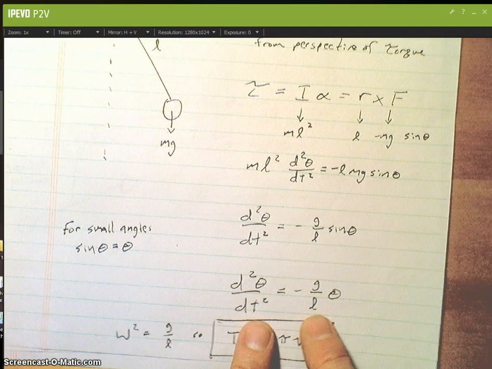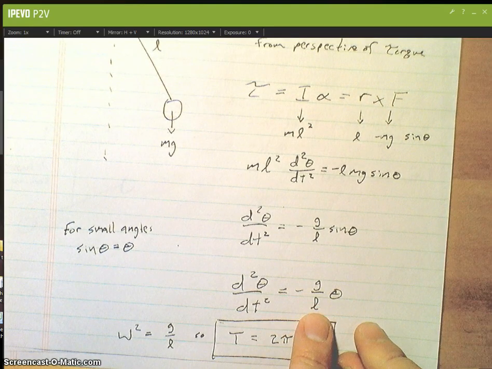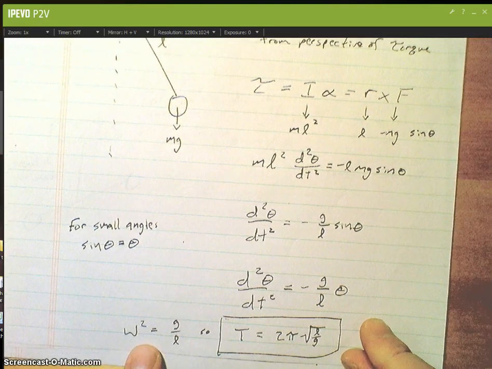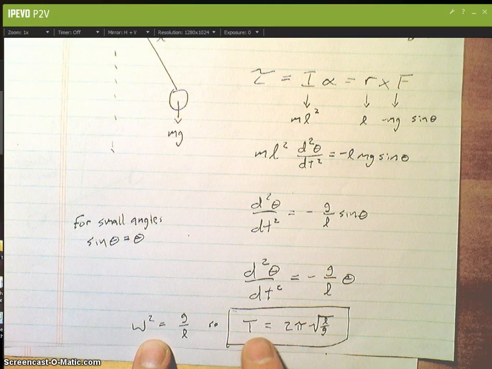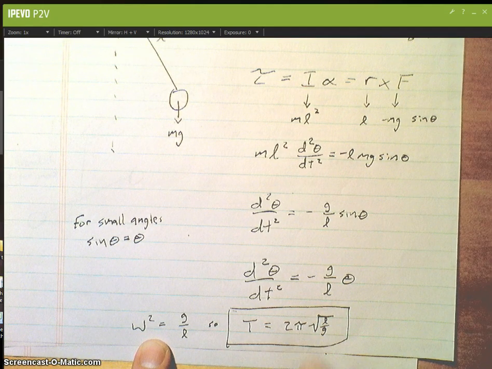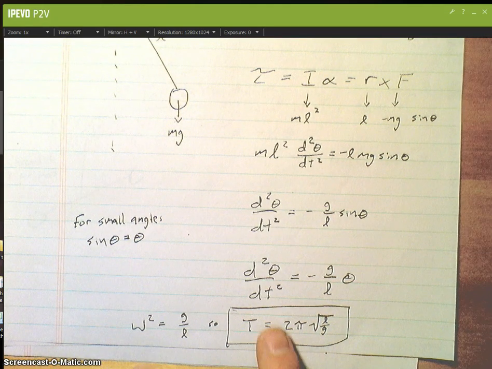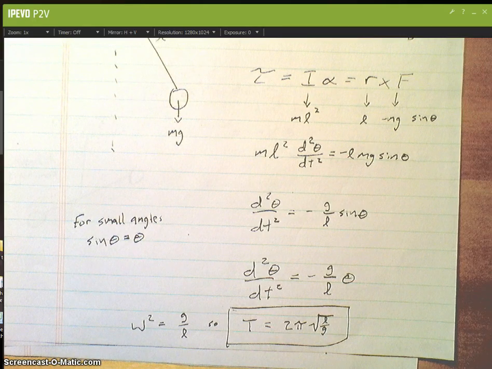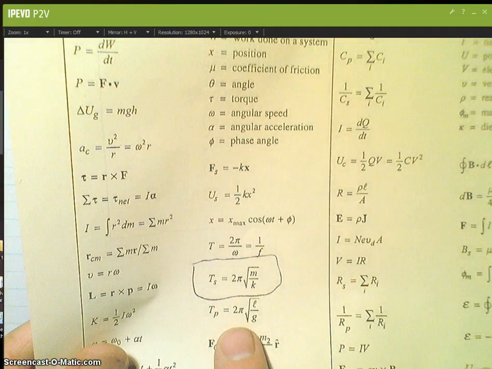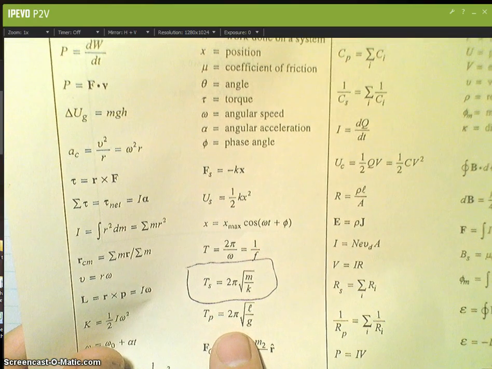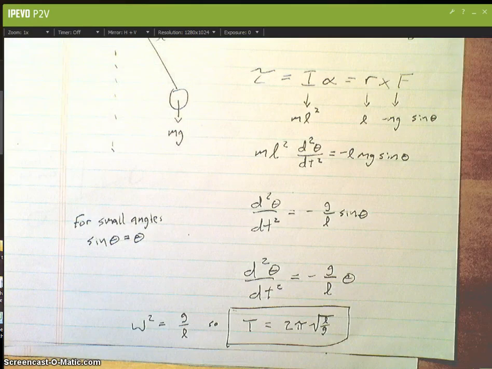Where's our stuff? The g over L. That's equal to our omega squared. So T is equal to 2 pi square root of L over g. This is the period of a pendulum.